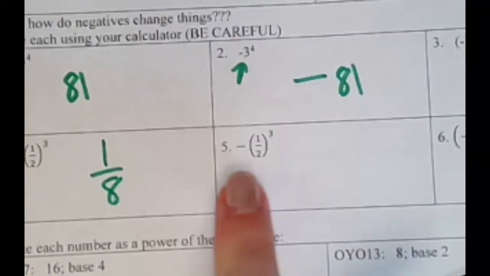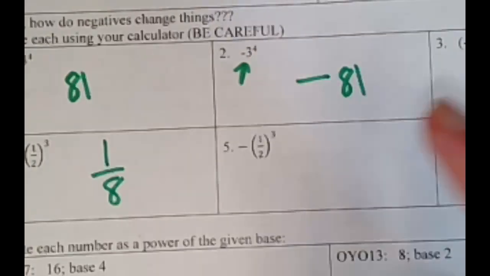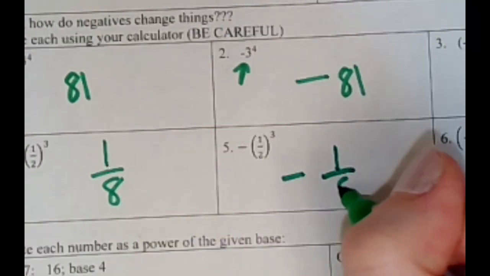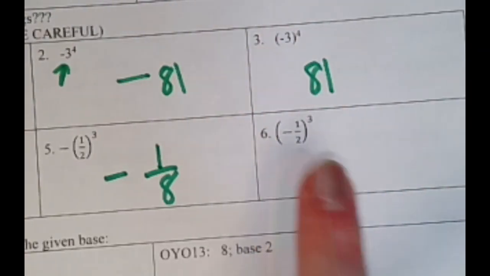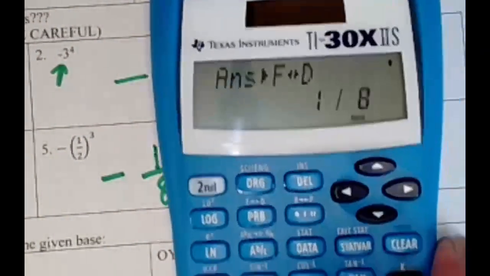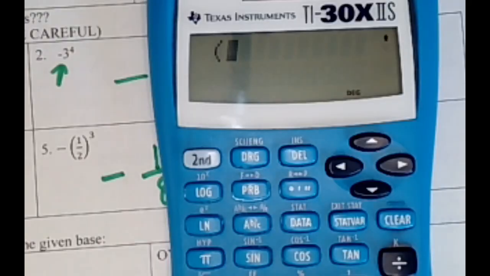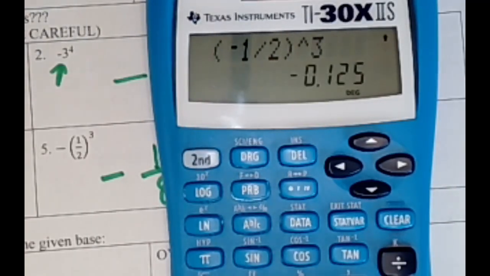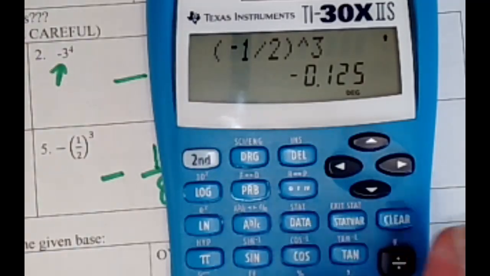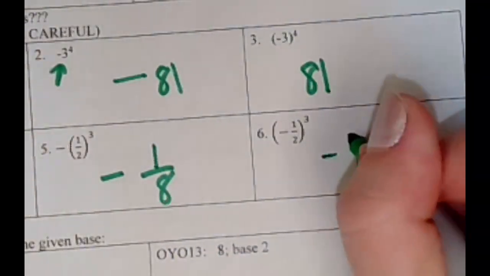Now this one is the same thing, we just have a negative out front, so just like this one, that means you negate your answer. And once again, this one, we have a negative inside, so when we're plugging it in, we want to do parentheses, negative 1 divided by 2, close your parentheses, to the power of 3. Now this time, we have a negative, remember that'll give us a negative 1/8.